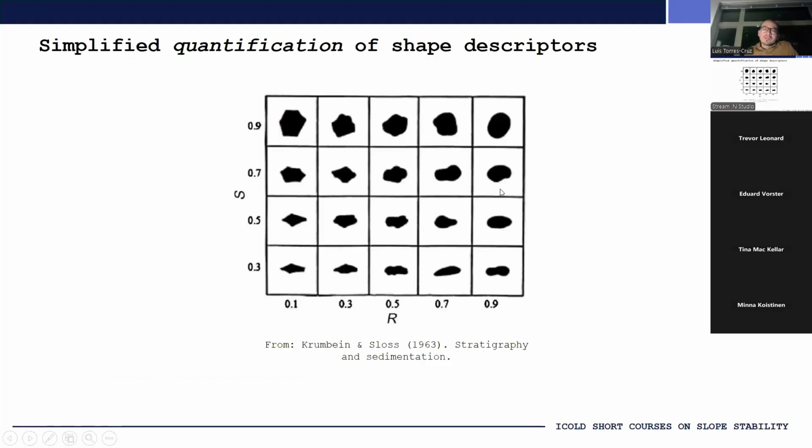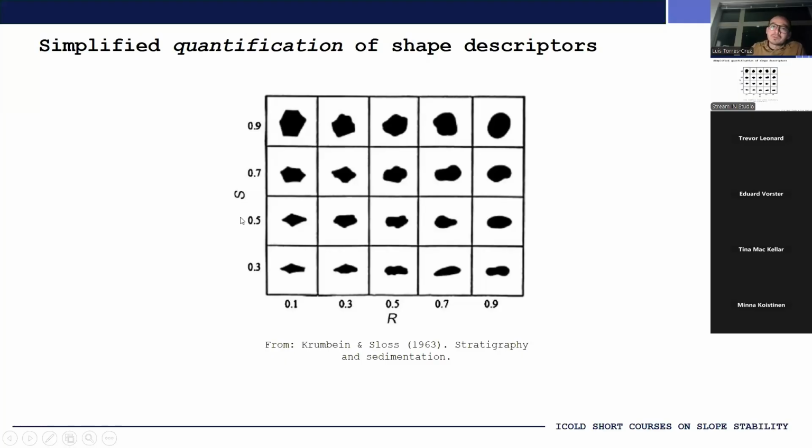And of course, using these correlations that we just looked at means that we need to be able to quantify particle shape somehow. And there are charts such as the one that I am showing here from 1963, which continue to be used to this day and offer very reasonable results and allow you to make fairly quick estimates of particle shape descriptors such as roundness or sphericity.